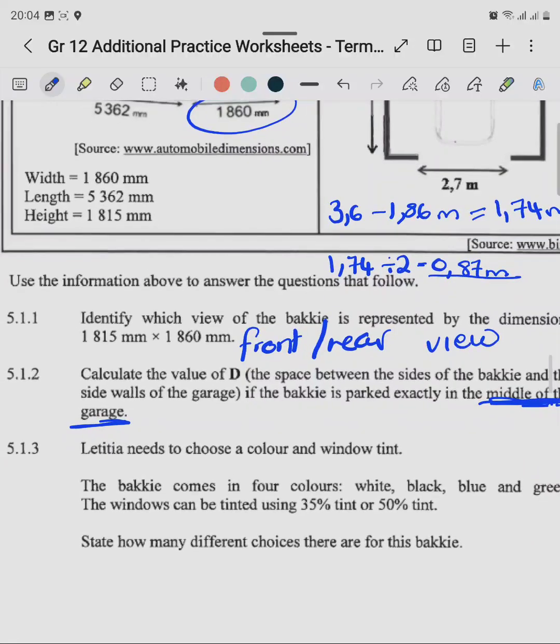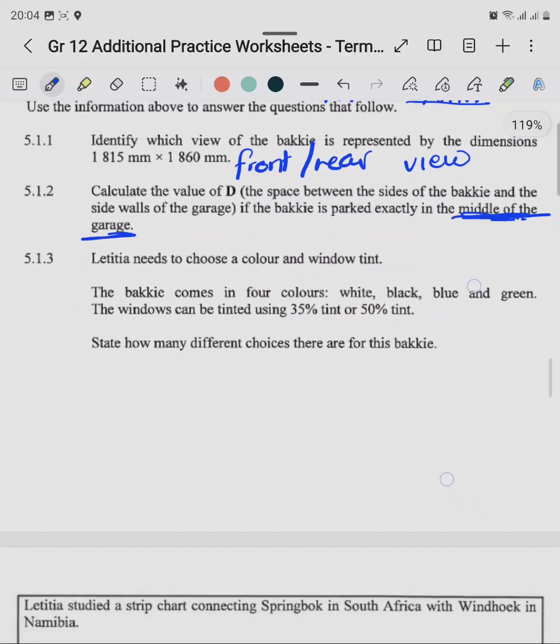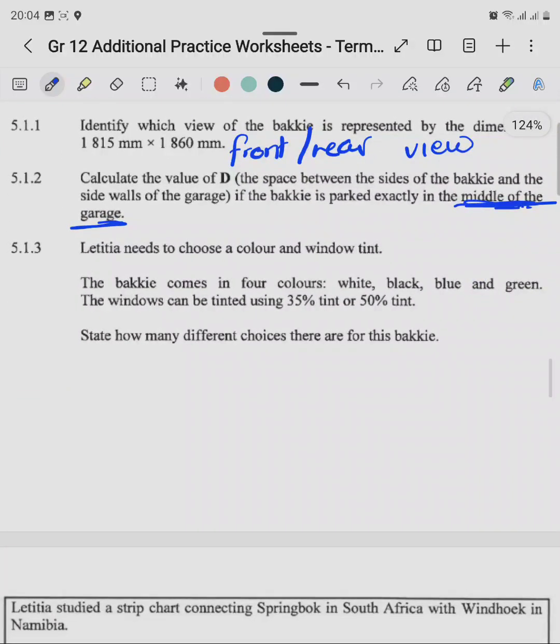Okay. Then if we look at our last question over here, we've got Letitia, who needs to choose a color for the window tint. And they tell us bakkies come in 4 different colors: white, black, blue, or green. And you can use either 35% or 50% tint. State how many different choices there are for this bakkie.